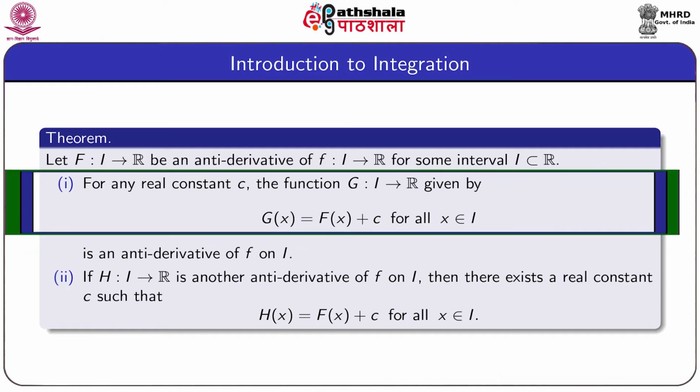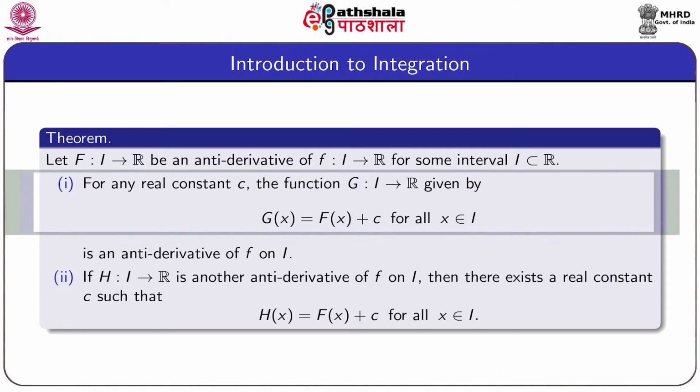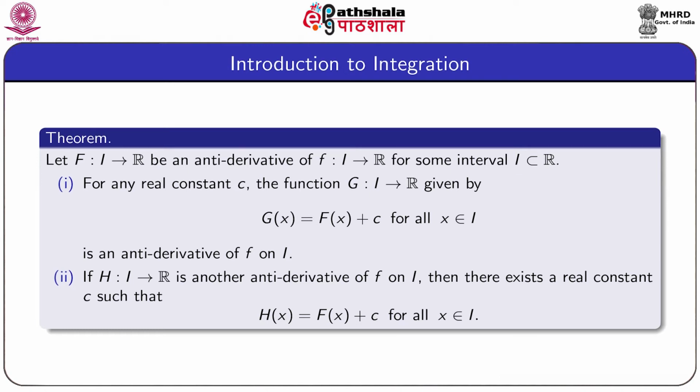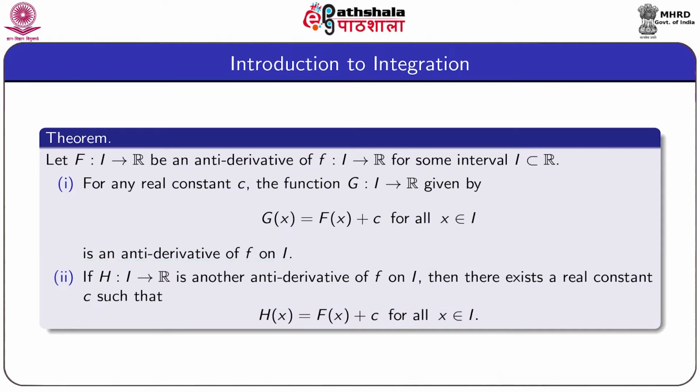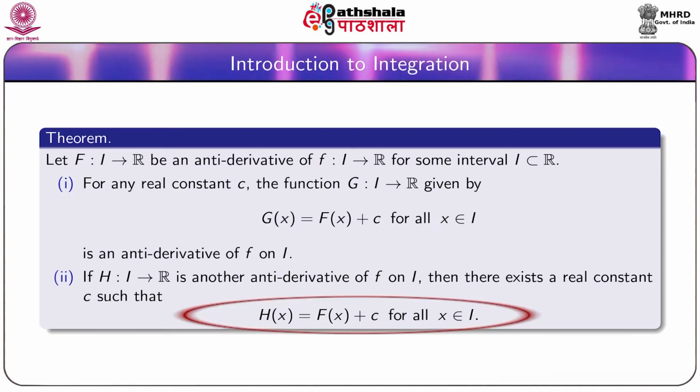First, for any real constant small c, the function capital G defined over I given by G(x) equals capital F(x) plus c for every x in I is an antiderivative of small f on I. Secondly, if capital H defined over the same interval I is another antiderivative of small f on I, then there exists a real constant c such that H(x) equals F(x) plus c for every x in I.